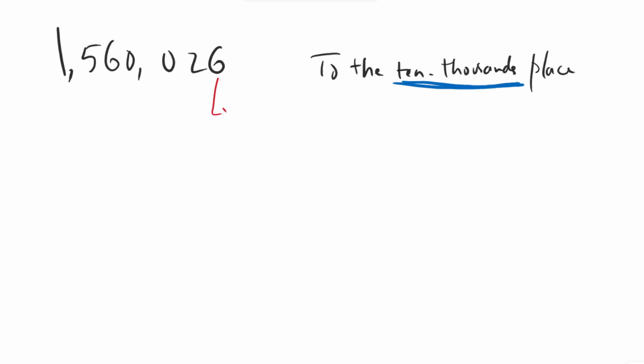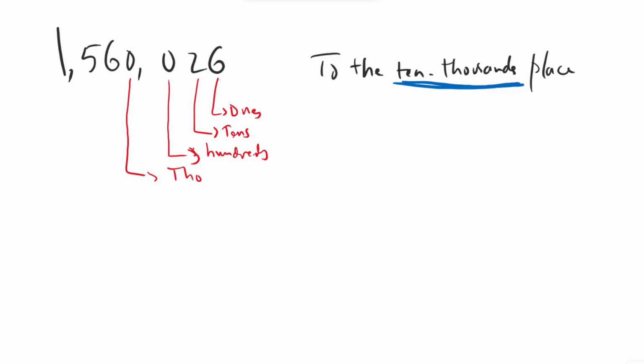The 6 here is the ones. The 2 here, we get the tens. The 0, its place value, is hundreds. The 0 here, they have different place values, okay? This is thousands, and that 6 here is 10,000.